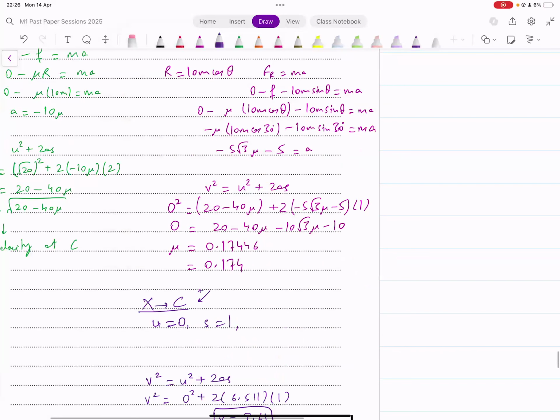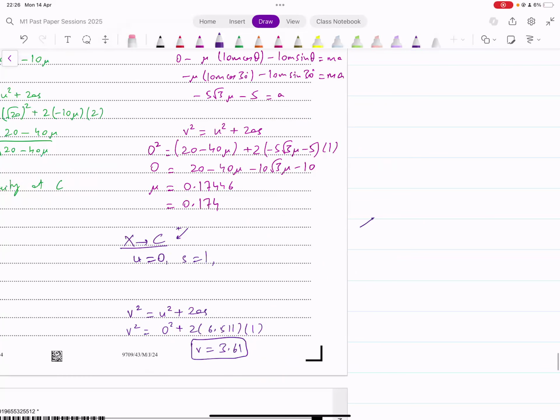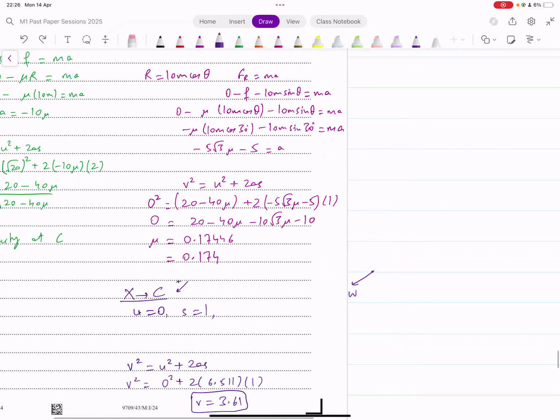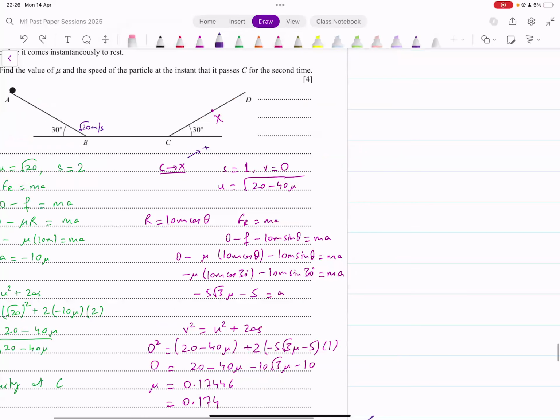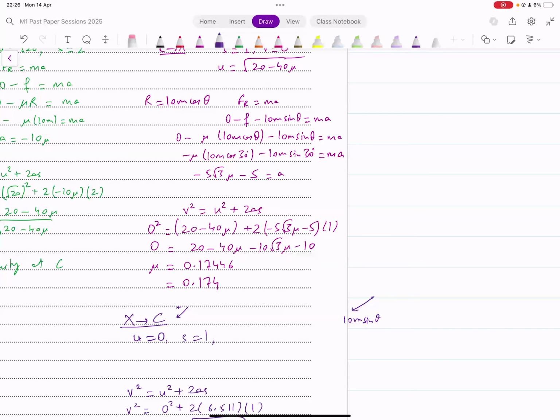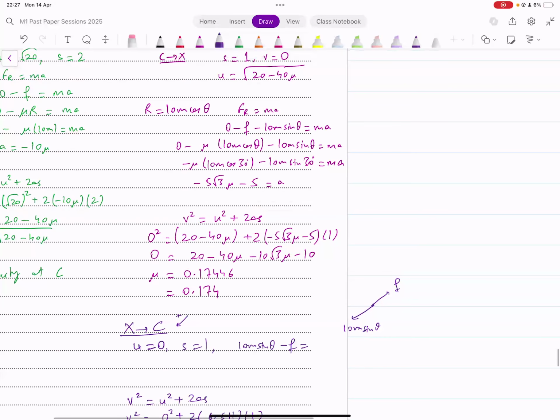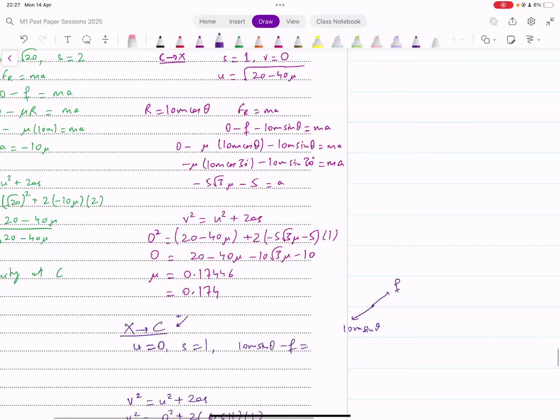Weight component, this would be 10m sine theta, and in the backward direction there'll be friction. So we'll have to calculate this again. 10m sine theta minus friction, that equals mass into acceleration.